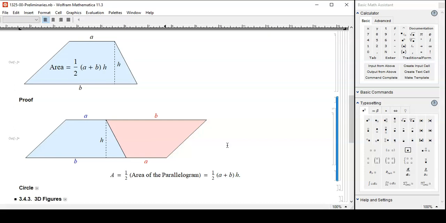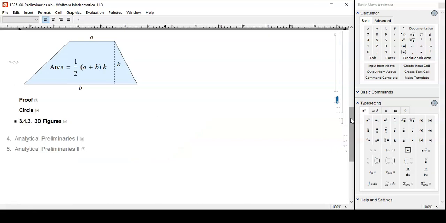So the area of the original blue trapezoid must be 1/2 of the area of this parallelogram. And what is it? The base length times height. That's how you get the area of the parallelogram, but this base length is A plus B. So A plus B times H, but I need half of that.